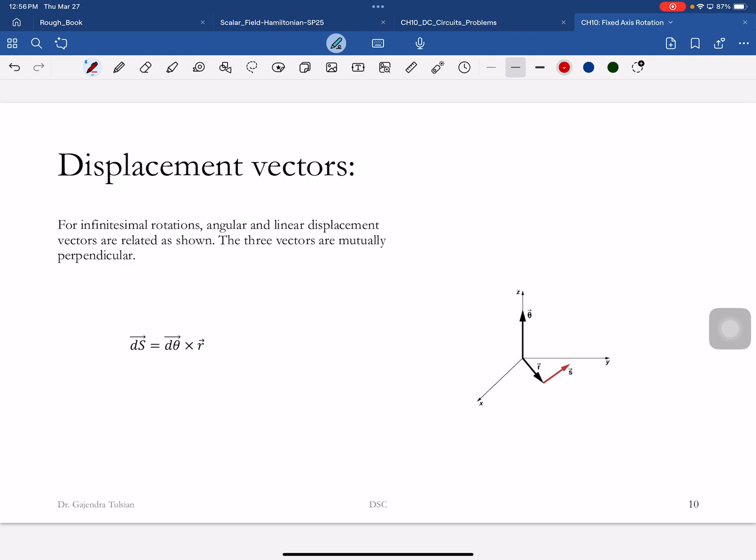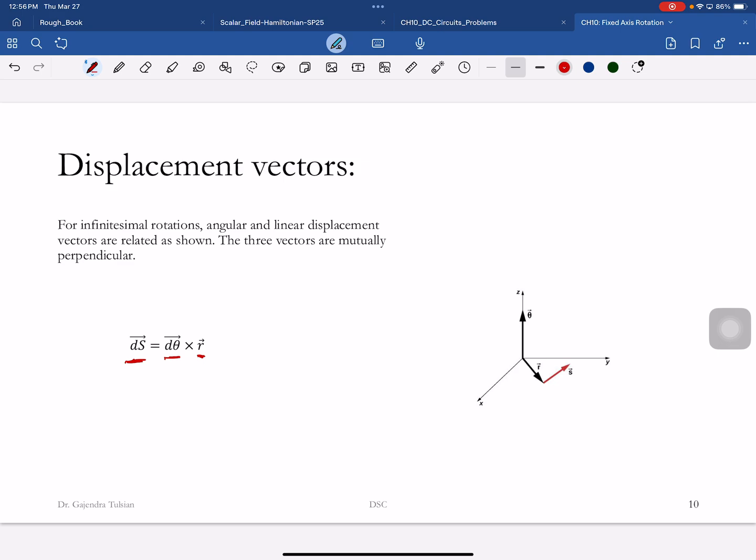That's what this formula is giving you, and we won't use this too often. That's the small displacement of a point that was r distance from the axis of rotation, when theta was the angle through which this rotated.